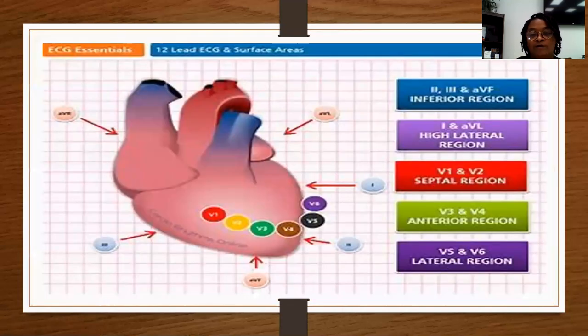Here's just another view of the heart from the outside. For example, when you have the leads placed for your 12 lead EKG, it just gives you a view from the outside of which lead is looking at which wall of the heart.